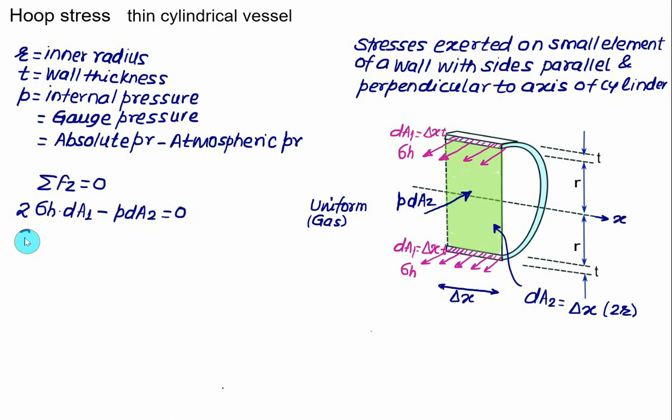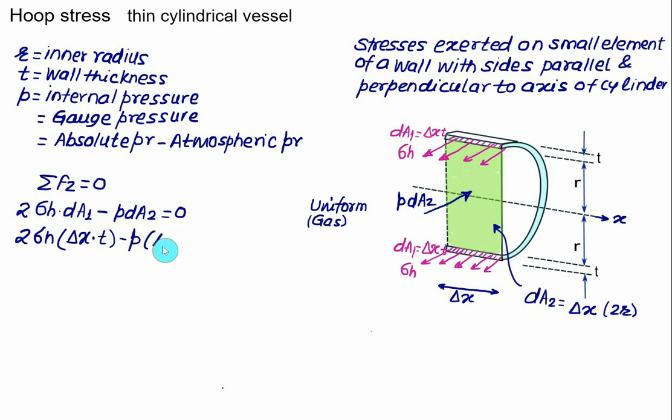So we have 2 times the hoop stress times dA1, where dA1 is this small hatched area whose length is equal to delta x and thickness equal to t. So we have delta x multiplied by thickness t, minus the uniform pressure, and that is a gauge pressure, multiplied by dA2, that is the area of this green rectangle whose height will be equal to 2 times r, and the width is equal to delta x.